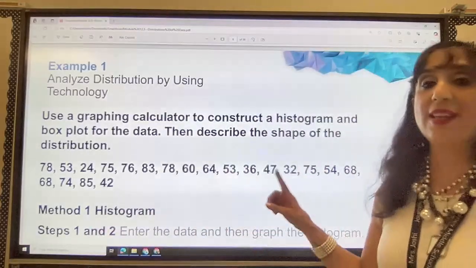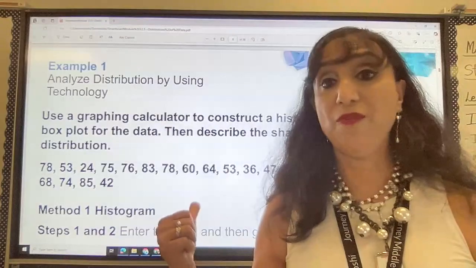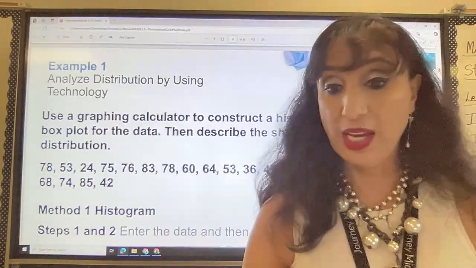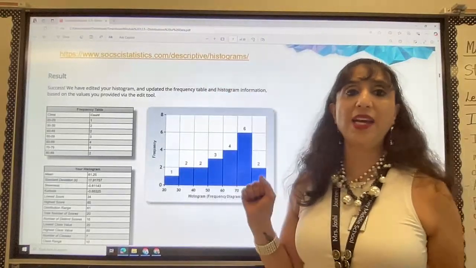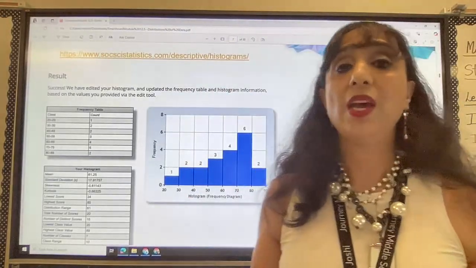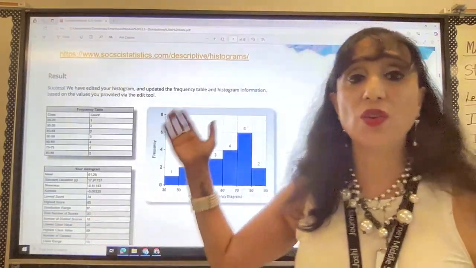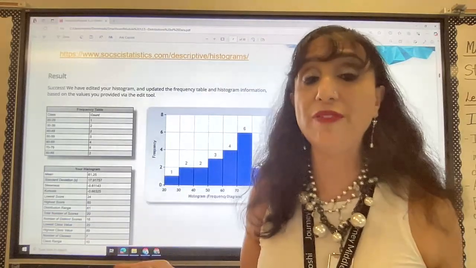And we're just going to take this data and we are going to enter it into one of the platforms that I am using. So I used this website to just input my values, and it created a histogram for me. So this is one of those. You can use Desmos also. That will also do it for you.